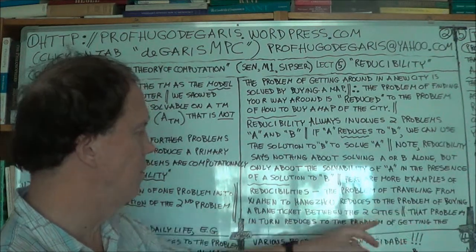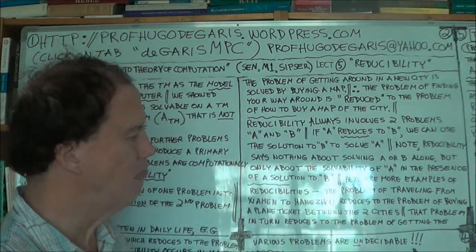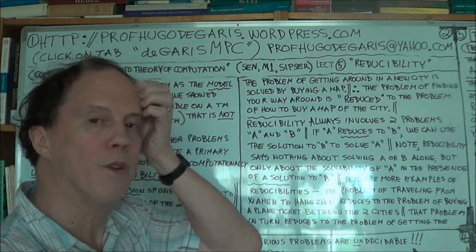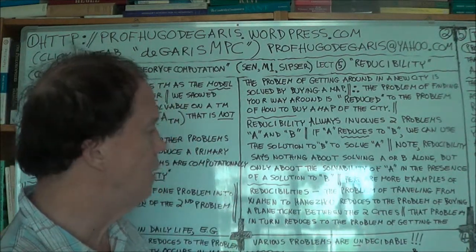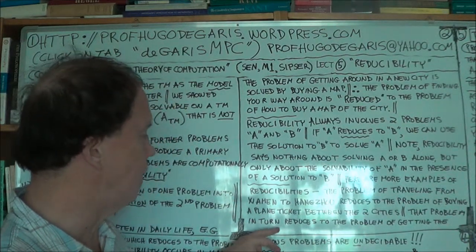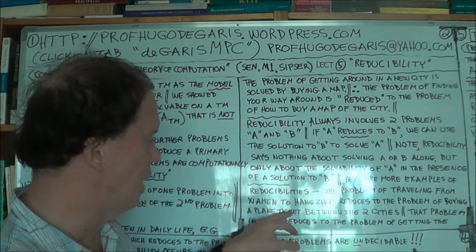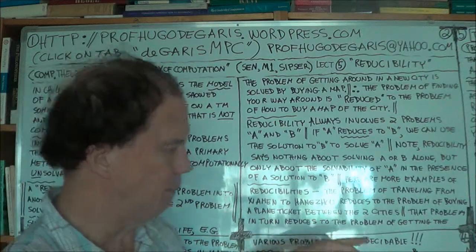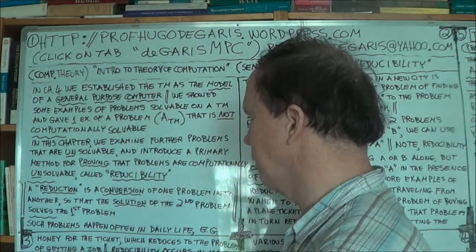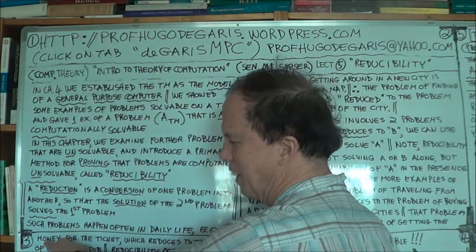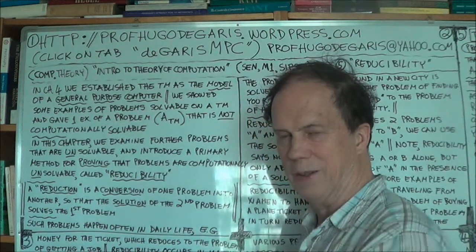Now that problem B, you can in turn reduce to a third problem, called C. So how do you reduce problem B to problem C? Problem B is how to get the plane ticket. Well, let's say it's how to get the money for the ticket.